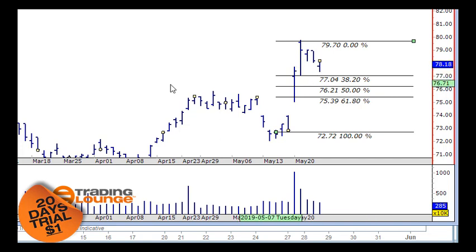But in that case, we would only end up moving up here above 80, and then folding back down in a corrective pattern from that point, coming back down here, retesting that, and folding out into a bigger correction.